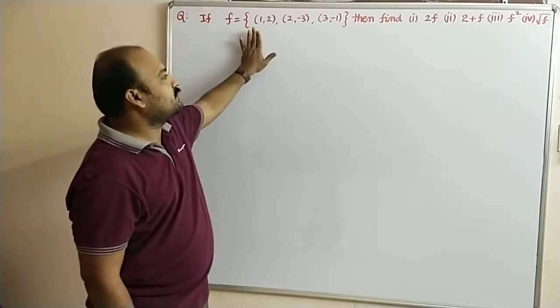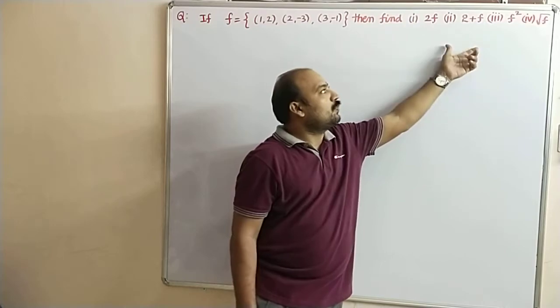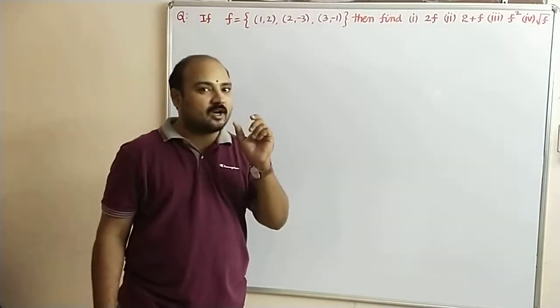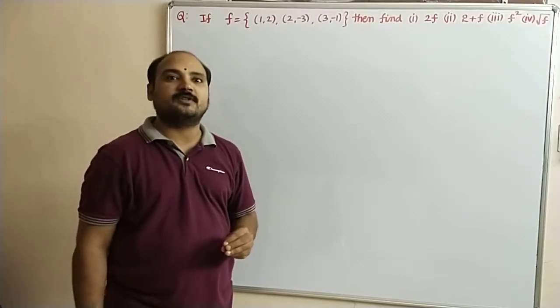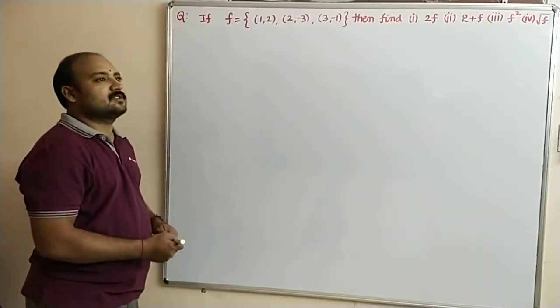That is the meaning of this function f. And then find 2f, 2 plus f, f square, root f. These types of questions they ask regularly in public examinations. You should concentrate on this type of problems. So let us discuss this one.